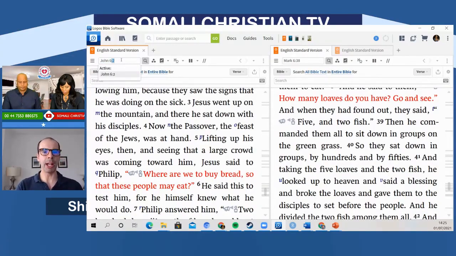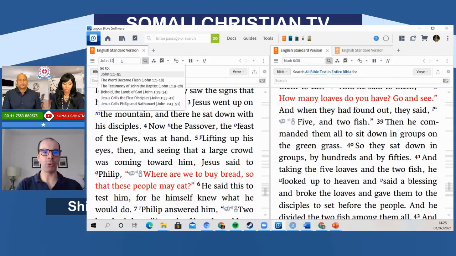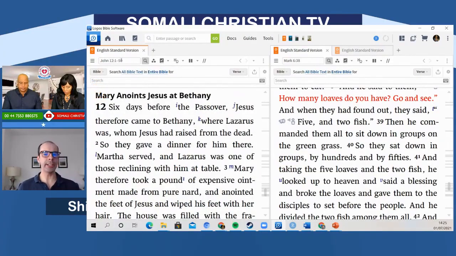So another example, if we go over to John chapter 12, this is another event that's reported in all four Gospels, the triumphal entry. And John tells us that the night before the triumphal entry, Jesus arrived in Bethany, six days before Passover. Now, John is the only gospel that tells us that.